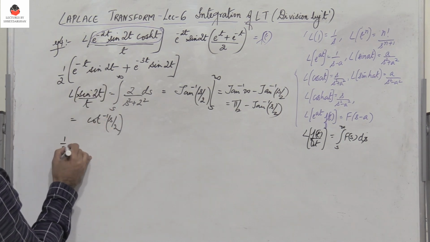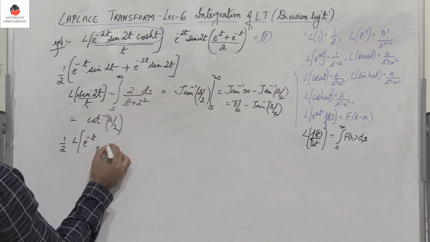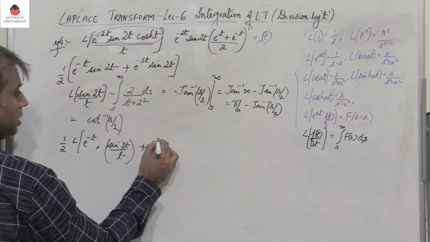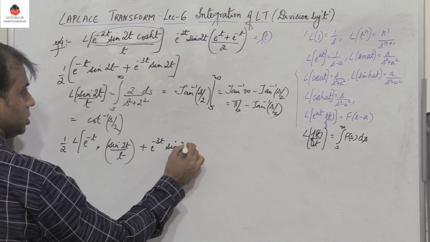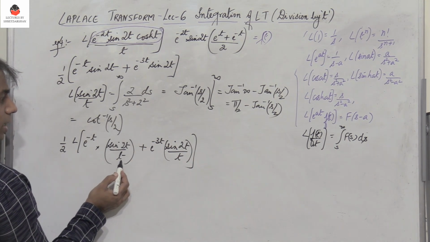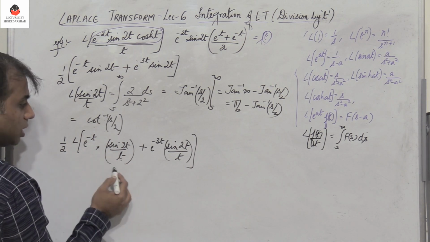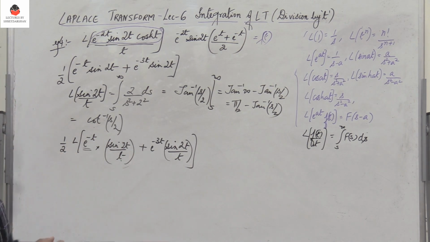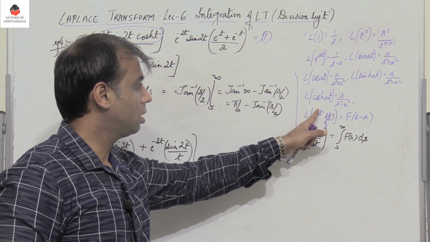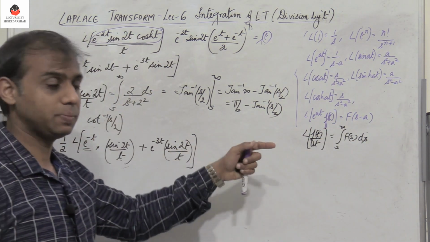Now we have 1 by 2 Laplace transform of e power minus t into sine 2t by t plus e power minus 3t sine 2t by t. We have already found out the Laplace transform of sine 2t by t, which is cot inverse s by 2. When you have the given function multiplied with an exponential, then you have to translate s by a. Here a is positive, so it is s minus a. Here a is negative, so it's going to be s plus a.